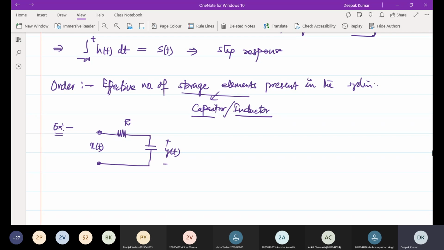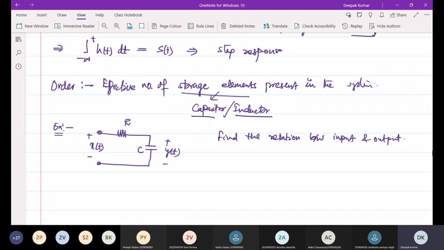Where X of t is the input voltage, and Y of t is the output voltage across the capacitor. Then find the relationship between input and output. This is very simple.